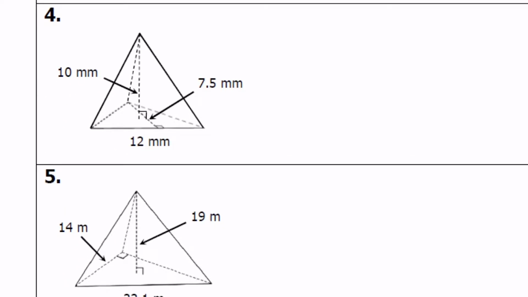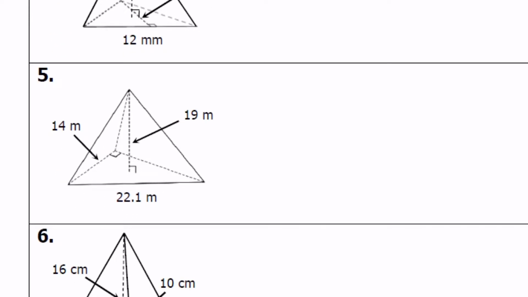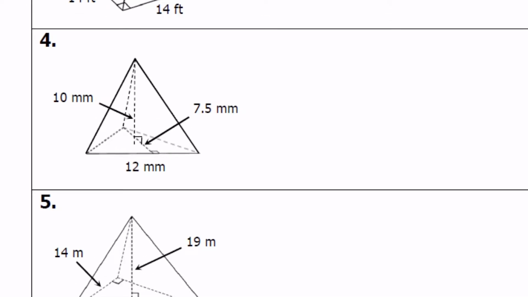On number 4, we're switching it up a little bit with the style. This is a triangular pyramid. Notice how there's my base triangle. Okay. My height is 10 millimeters. The 7.5 millimeters is the height of the base.